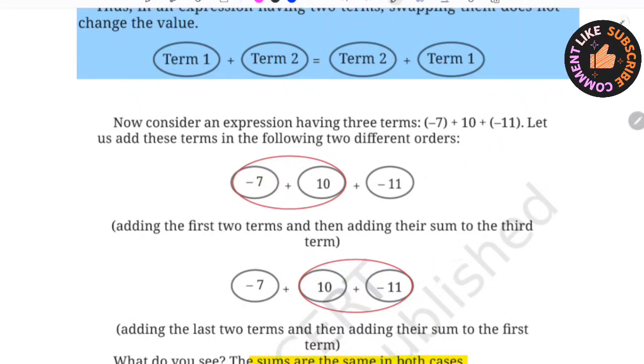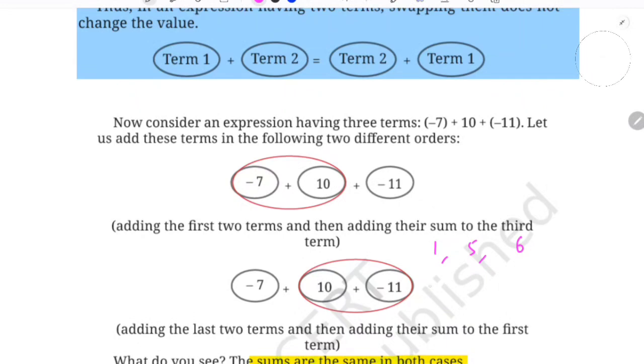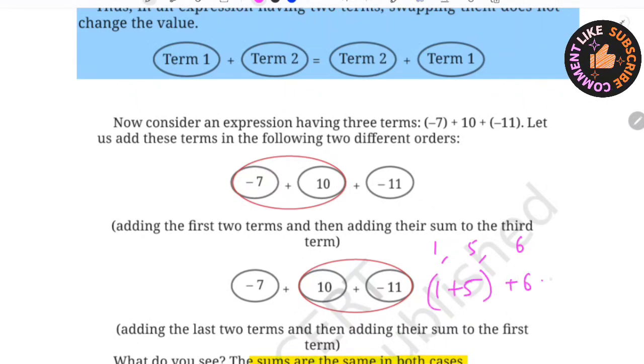I will give a simple example to understand. Suppose you have three numbers 1, 5 and 6 and I want to perform the addition. 1 plus 5 grouped, plus 6, is the same as 1 plus a group of 5 plus 6.